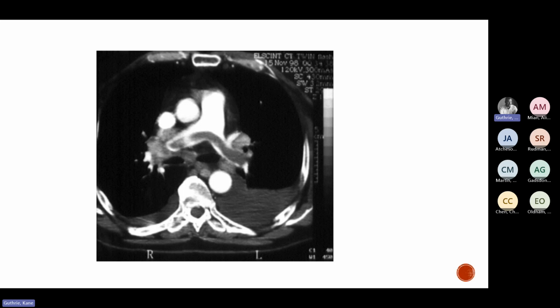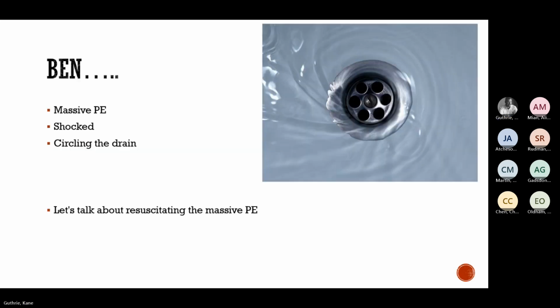This is why they present hypoxic. This is why they're tachycardic. This is why they're hypotensive, because this is all blocked off in their pulmonary artery, and the pulmonary artery pressures are getting greater, and they're actually getting sicker from that, because that clot's blocking it all. And this is what causes this spiral, and they get sicker and they arrest from this.